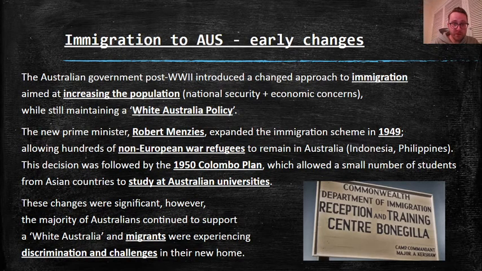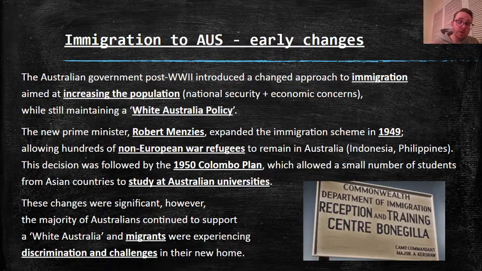The new Prime Minister, Ben Chifley, was the first person to introduce immigration, I guess, on a wide scale in 1945. The new Prime Minister, Robert Menzies, came in 1949, and he expanded the immigration scheme even further. For the first time in Australian history, hundreds of non-European war refugees were allowed to remain in Australia.